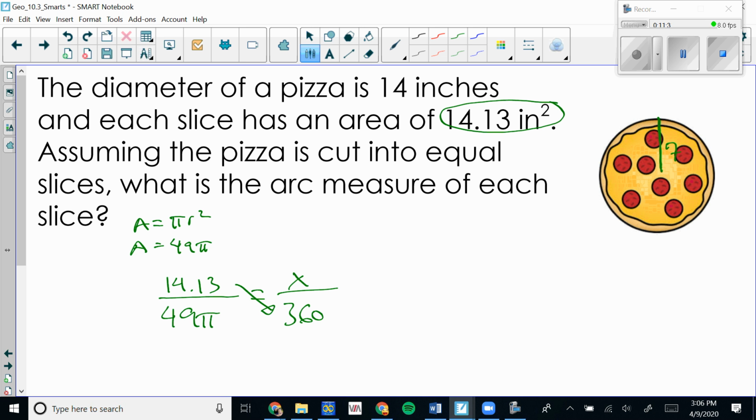times 360 is 374.13. And then 49 pi times x is just 49 pi x. So since we're looking for the x, I have to divide by 49 pi on both sides. And in the calculator, I still have my 374.13, so I'm just going to divide that by 49 pi.